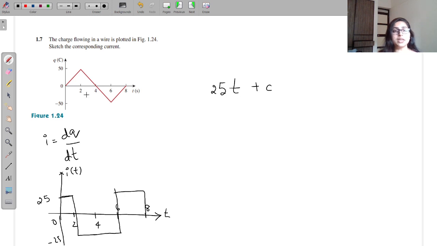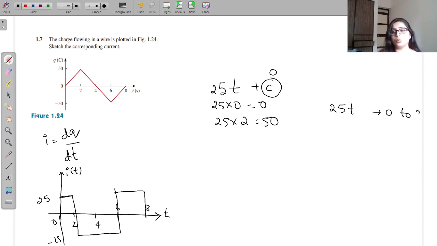If I substitute t is equal to 0, I am going to get it as 0. And 25 into 2, 50. So this one will be equal to 0 only, because 25 into 0 is 0. 25 into 2 is 50. So I am going to get the two extremes of this particular line. So it is 25t, that is from 0 to 2.